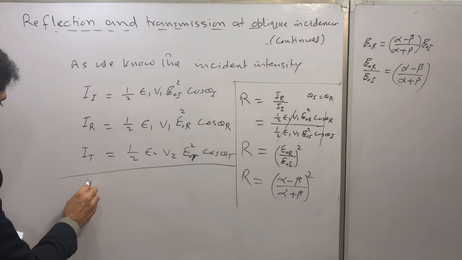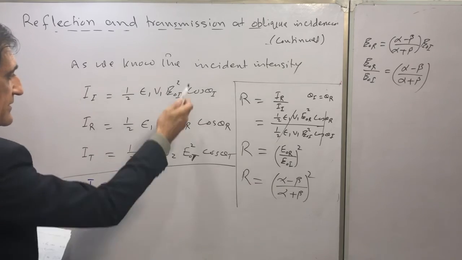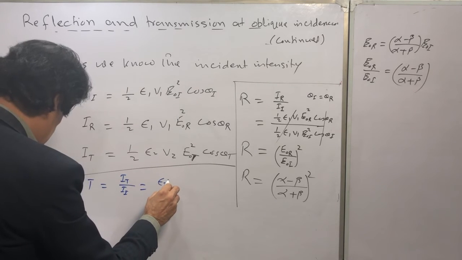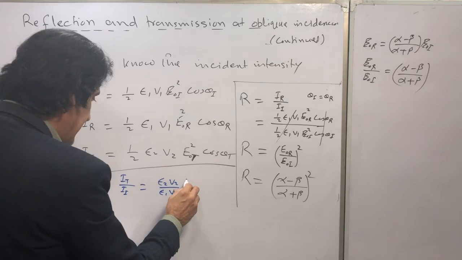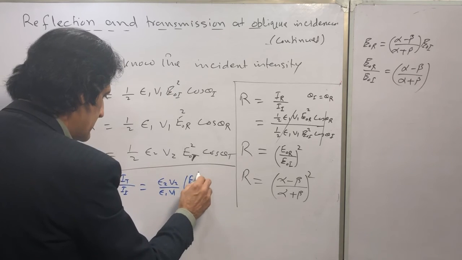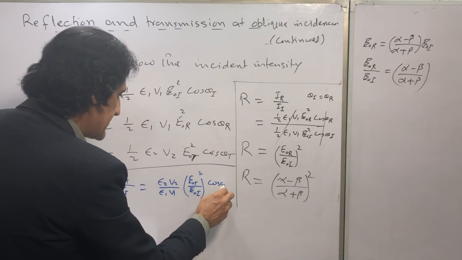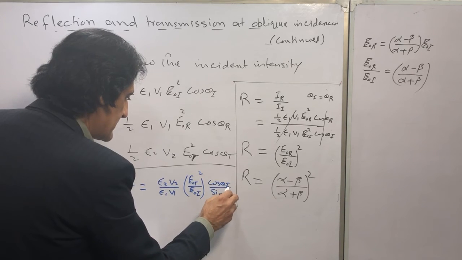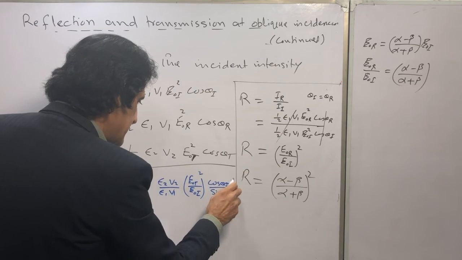The transmission coefficient is IT divided by II. Putting these values, we can get epsilon 2 v2 divided by epsilon 1 v1, times E naught T divided by E naught I whole square, and also cosine theta t divided by cosine theta I. So this is the relation that we can get.